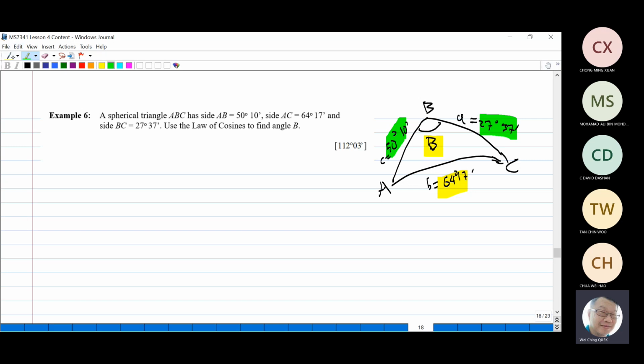You know that cosine of side b, the standard formula, is cosine of side a, cosine of side c, plus sine of side a, sine of side c, and cosine of angle B. Okay, use the color code here.